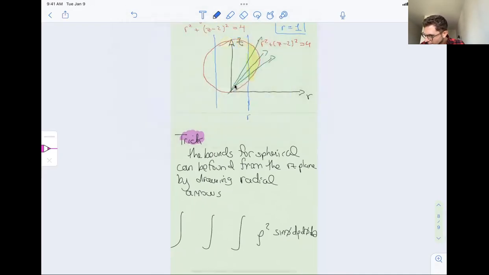The arrows hit the cylinder first, but what's the equation of the cylinder in spherical? In cylindrical, it would just be r equals 1. But what is r in terms of spherical? It was rho sine of phi, right? So what's the equation of the cylinder in spherical? Rho equals cosecant phi. So that's the lower bound for rho.